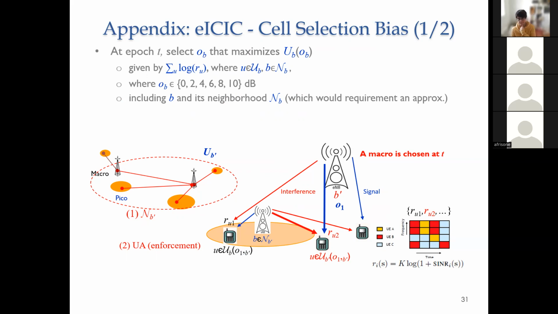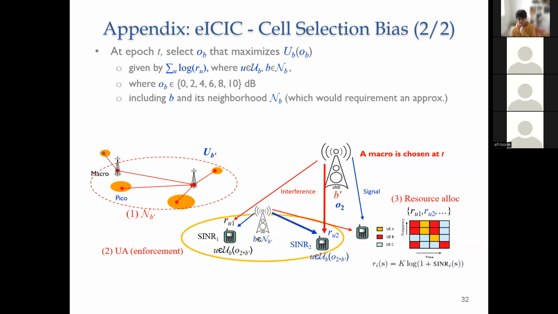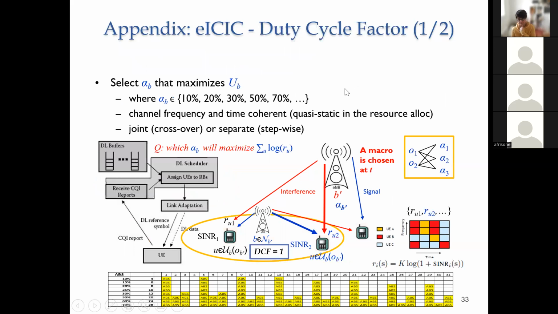The question now is what is this number for each base station, such that you will kick out the users from your neighborhood. And in this, I solved that problem. And jointly, there's a question of what is your duty cycle factor for each base station. This just means the time slot and frequency slot reservation for each base station, which means you are not going to use reuse one system now.